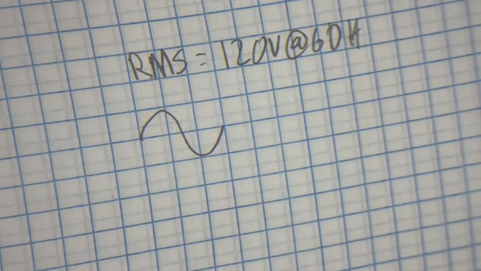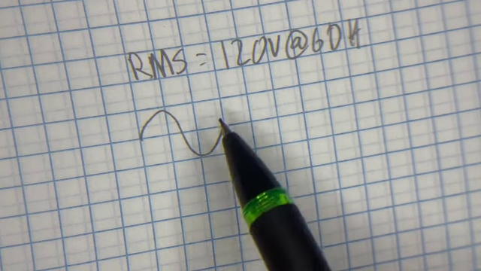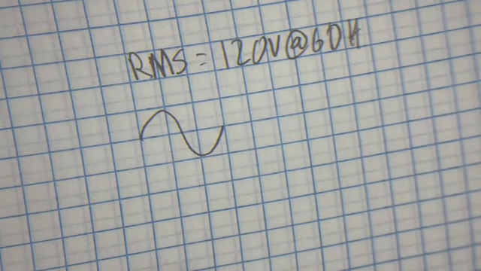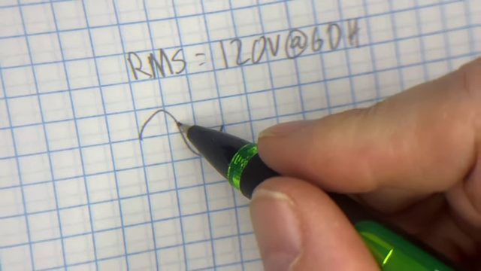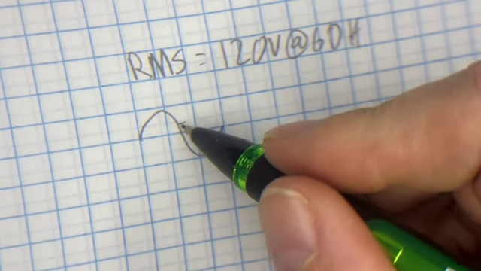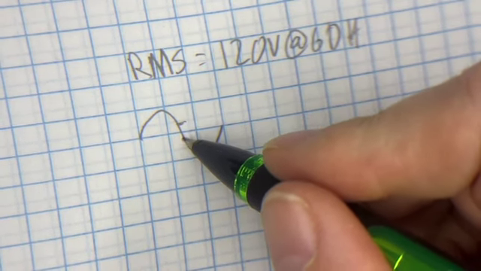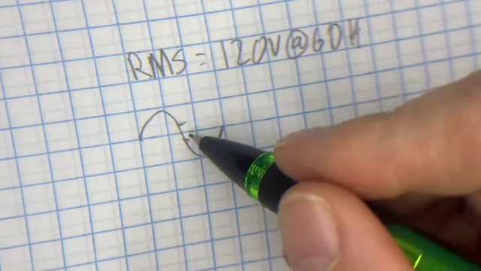Incandescent light bulbs only need to have voltage going through them. They don't care about polarity. So the voltage constantly changing back and forth gets the filament hot, and the hot filament glows, and that's where your light comes from. And typically it'll glow at this voltage and this voltage respectively.